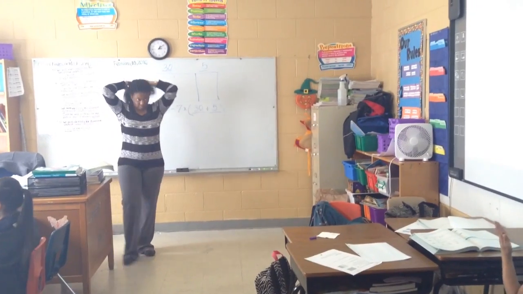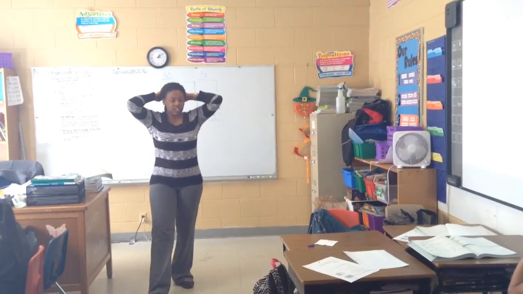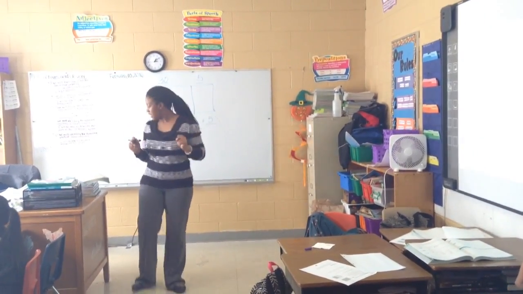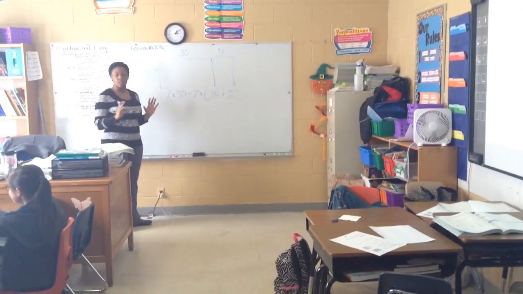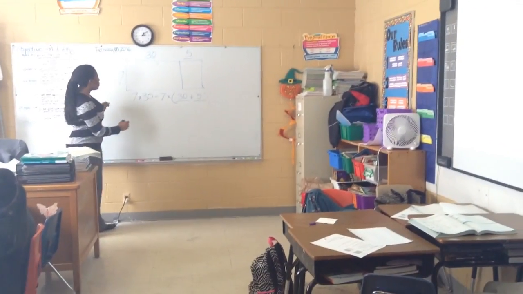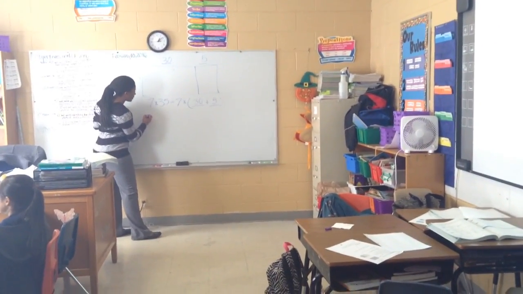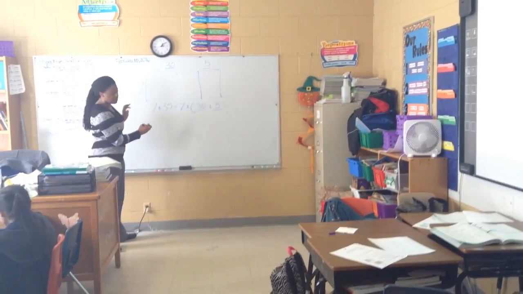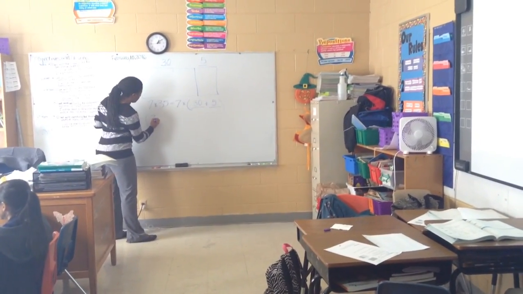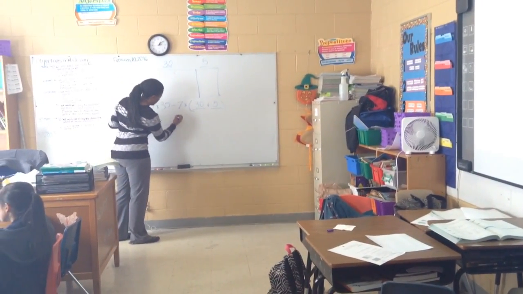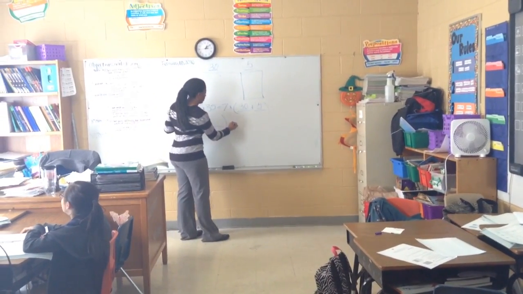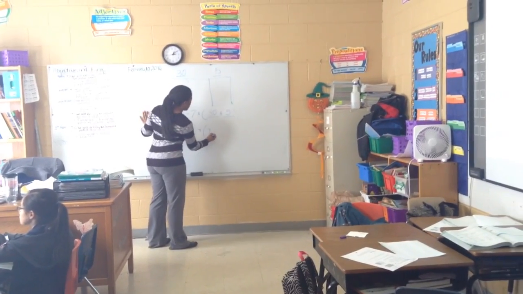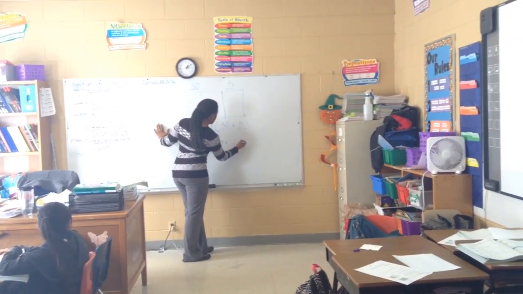Now, the next part that shows in your book is to separate it out, to expand it. So we're going to expand it to 2 different parts of the problem.